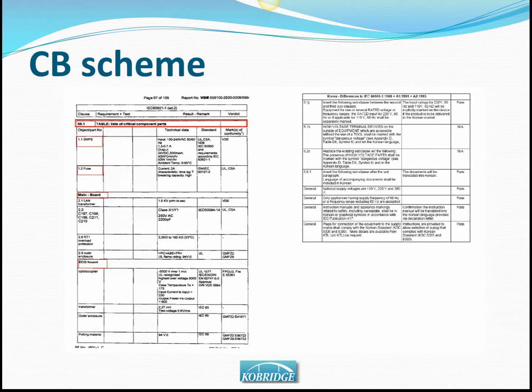Components part, so there should be also documentation about the components. So we find here important components such as the board, the fuse, and also the power supply.